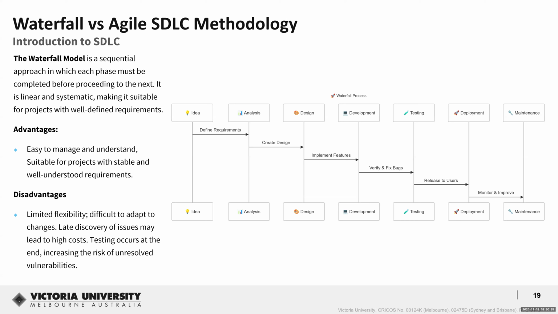The advantage of waterfall is it's easy to manage, understandable, and suitable for projects with stable and well-understood requirements. The disadvantage, however, is limited flexibility, difficult to adapt to changes. Late discovery of issues may lead to high cost. And also testing occurs at the end, increasing the risk of unresolved vulnerability.